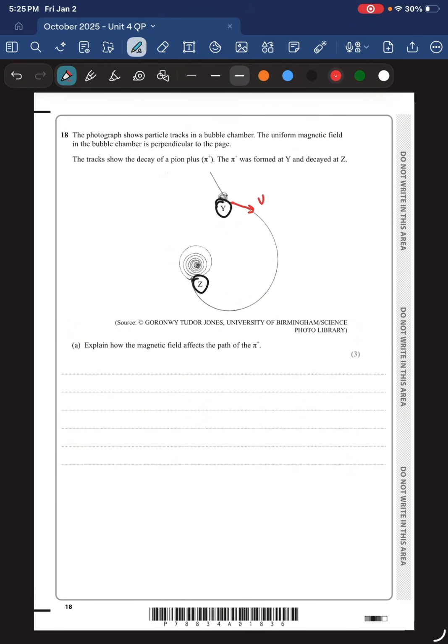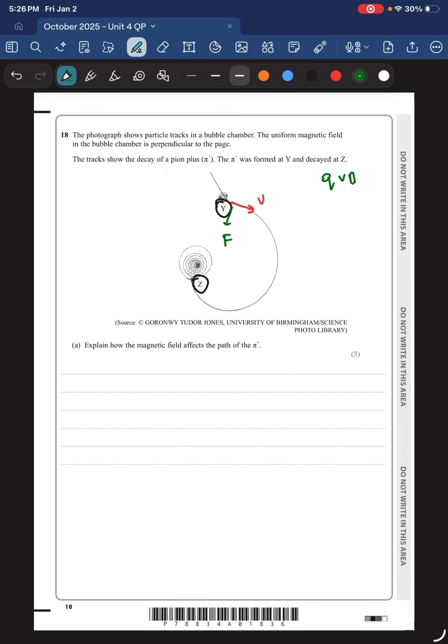Because it's circular, we know immediately that there is a force perpendicular to V, which is the centripetal force. And this is caused by QVB, pretty much. If we use Fleming's left-hand rule, our middle finger is V.